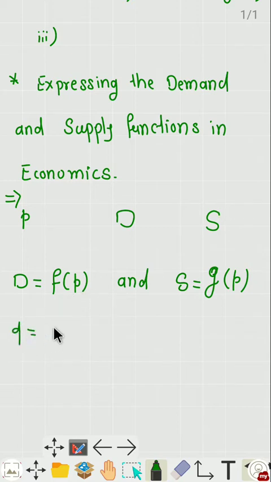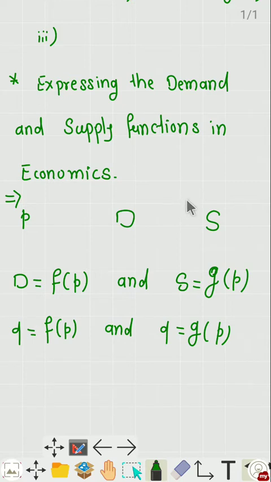This can also be expressed as: demand means quantity demanded, which depends on price, and quantity supplied is also a function of price. So instead of D and S we write a quantity variable Q, where Q denotes the quantity of a good demanded or supplied.